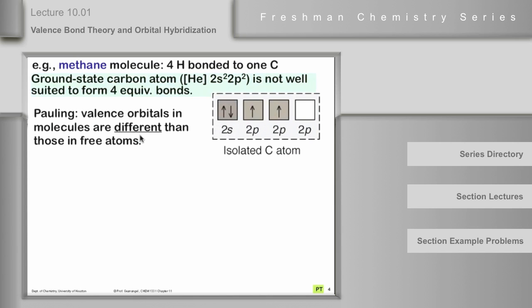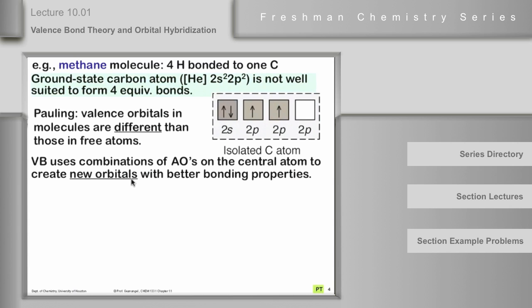And Pauling said the valence orbitals in the CH4 molecule are not the same as for an isolated carbon atom by itself. They're not the same as this. And the valence bond uses mathematical combinations of the wave functions on the atomic orbitals to create new orbitals with better bonding properties.